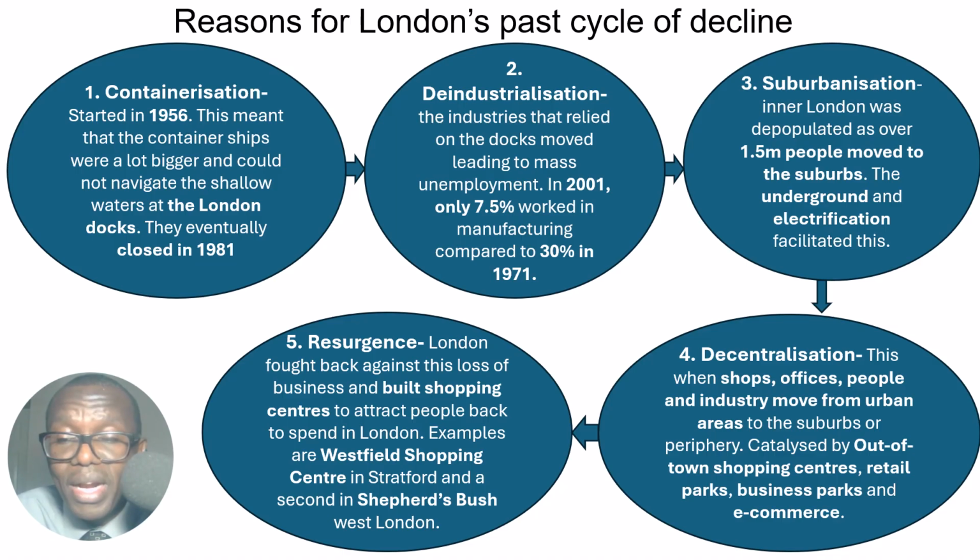So inner London, as a result, was depopulated with 1.5 million people moving to the suburbs. And this was actually facilitated by the electrification of the underground. And people could now live in the suburbs, not outside London, and still be able to commute to work. And this obviously depopulated London.